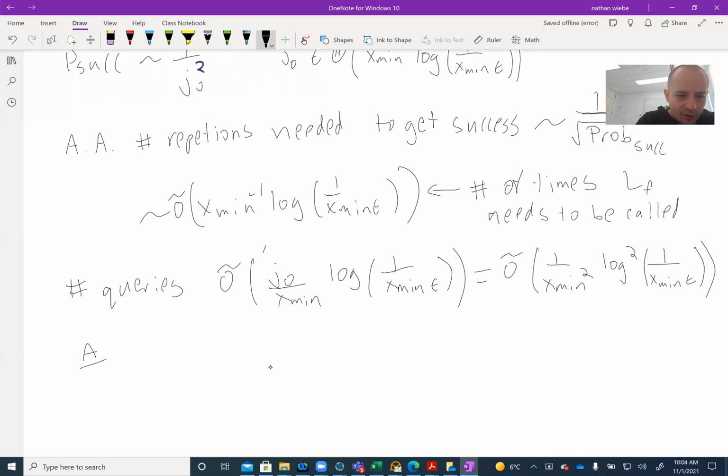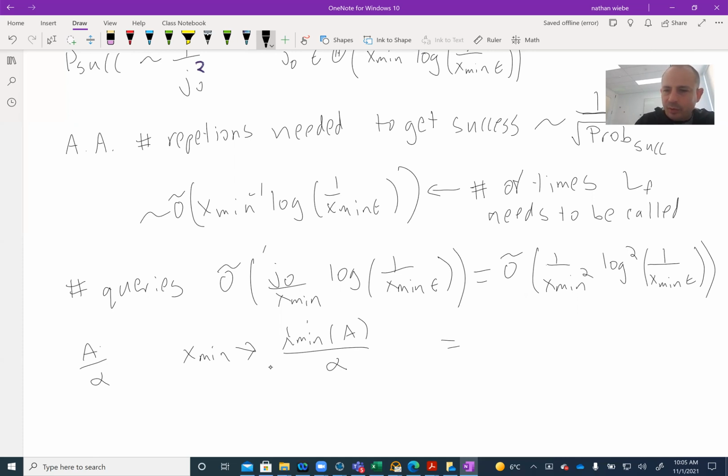And so now the key thing is that what we've implemented here is A over alpha. And so if we want to be able to interpret this as the inverse of A, then X min now becomes the same thing as lambda min of A divided by alpha, right? Just by translating this over here.